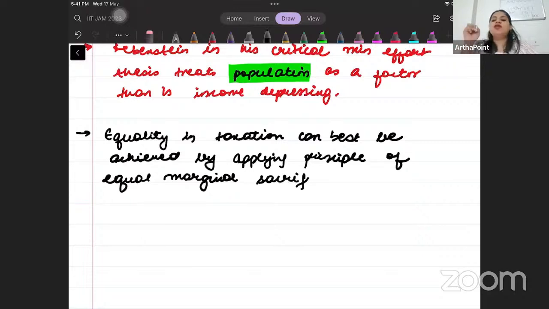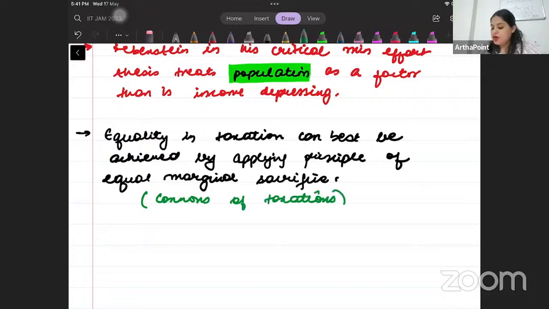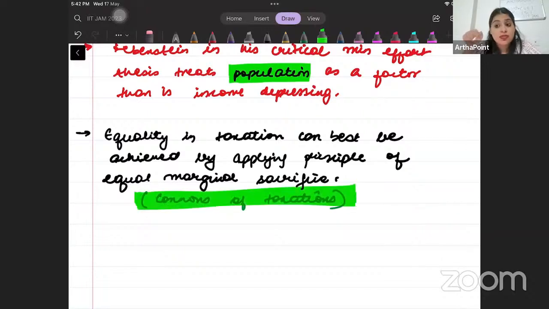So equi-marginal sacrifice, if you remember in my lectures, I am covering canons of taxation. This morning only I have gone ahead and posted this. Why? Because this is important from exam point of view, very important.